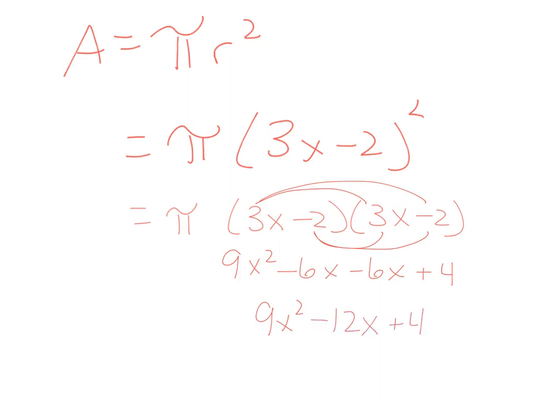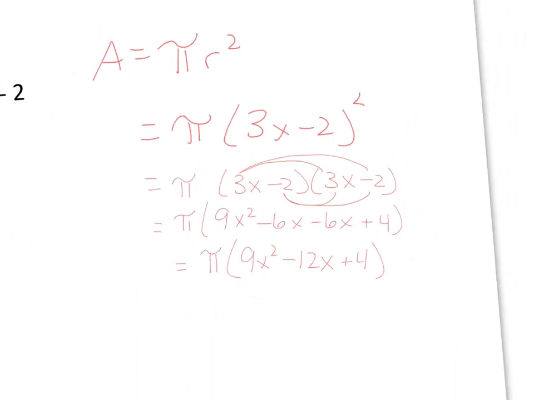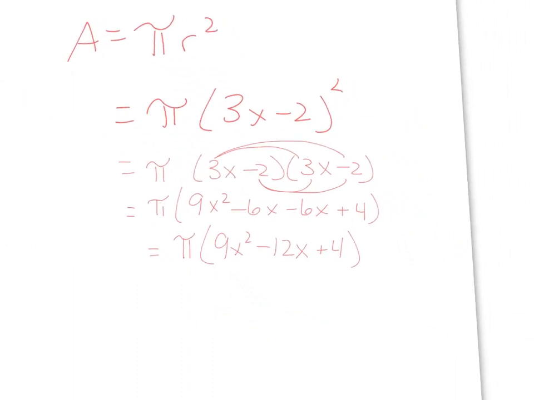Now, we still have this pi hanging out on the outside here, so we need to go ahead and keep including him. We can't get rid of him. Okay? So now, when you have a pi, this is telling you that you have an exact solution. If you were to change this guy to 3.14 and then distribute it through, that would be an approximate solution because pi is not exactly 3.14, it's about 3.14.